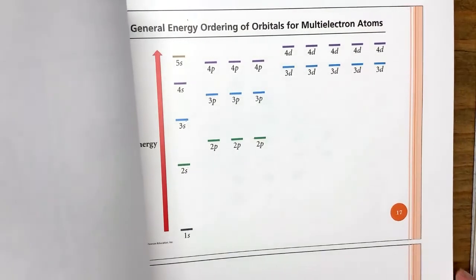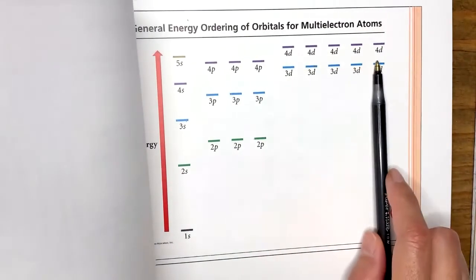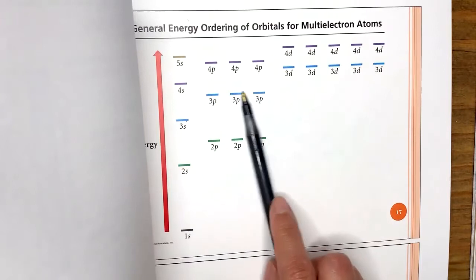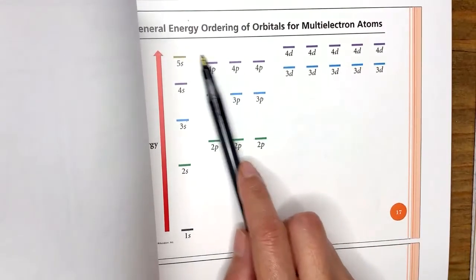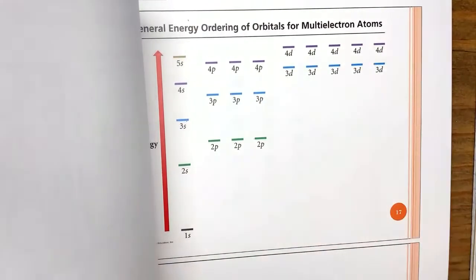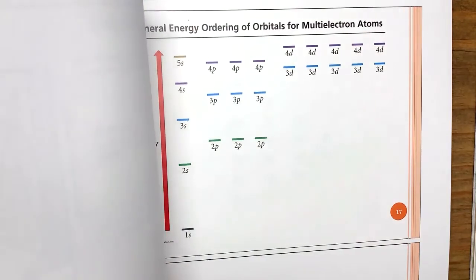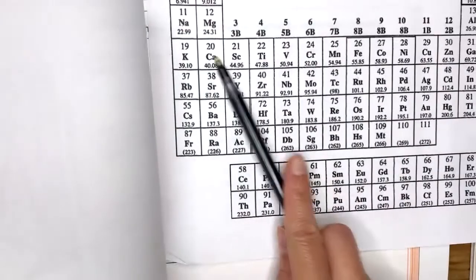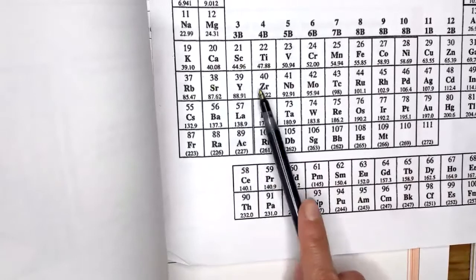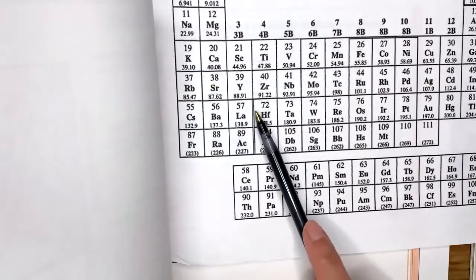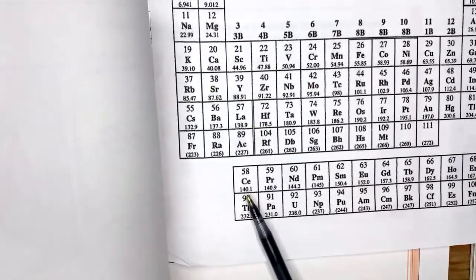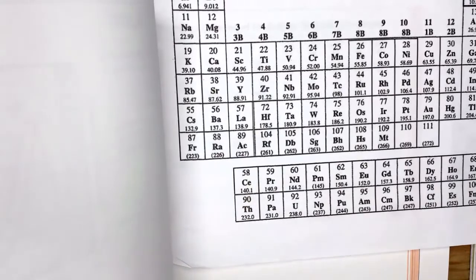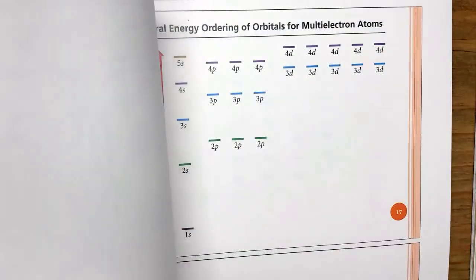That's a cool picture to look at because of how the levels are mixing. Okay, so these are degenerate, and every time you go higher, you see how when you get the 5s, it's mixing with 4d. So that's why when we draw a periodic table, this is 4s and that's 3d, and this is 5s, this is 4d. And when it's f right here, it actually goes down 2 levels. It's weird, but that's because it keeps mixing.